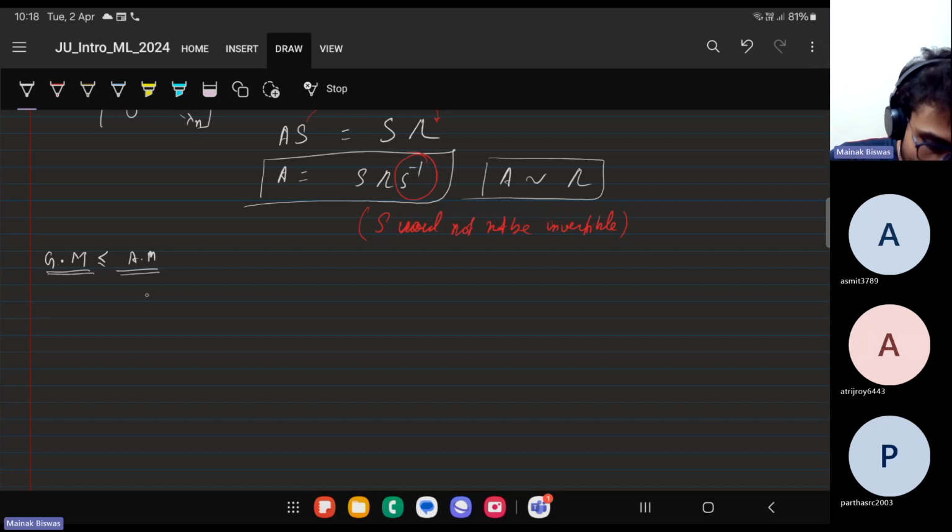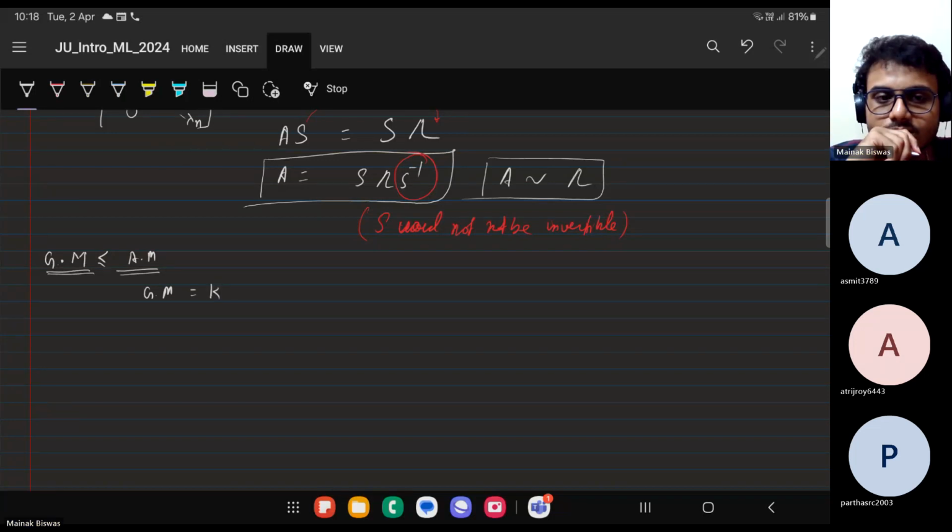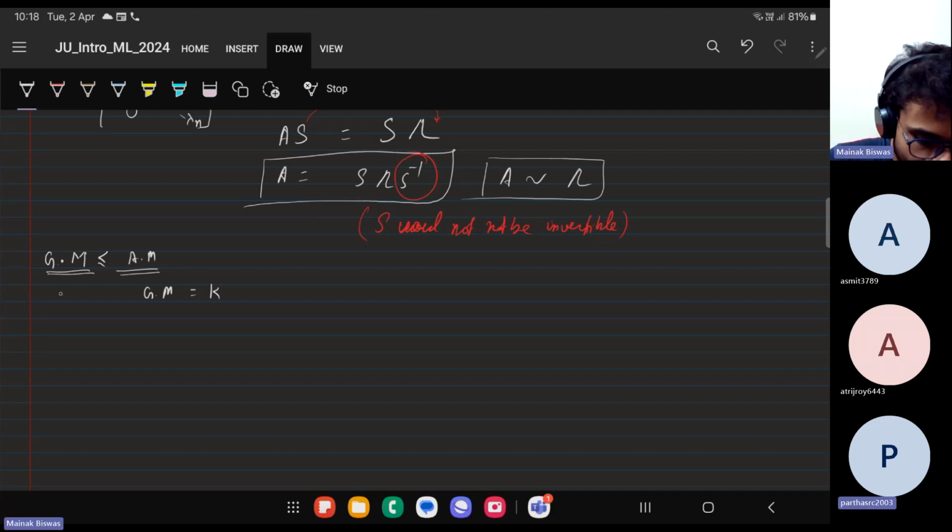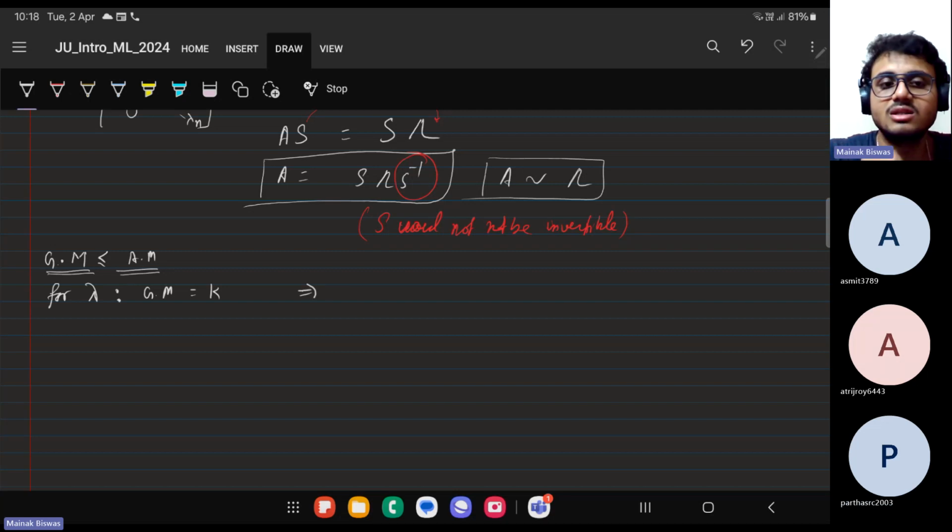So say geometric multiplicity is equal to k. What does it mean? There are k independent columns for lambda. Let's see. For lambda, geometric multiplicity equal to k. What does this mean? Definition.